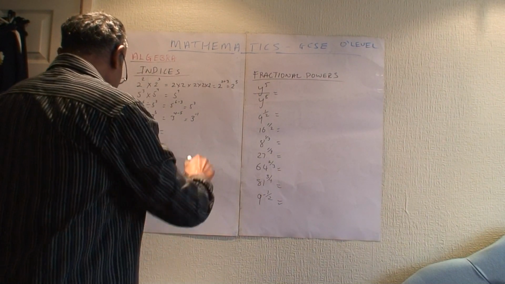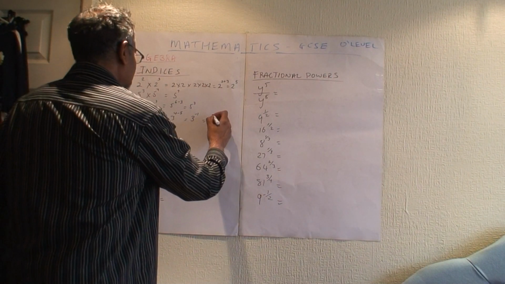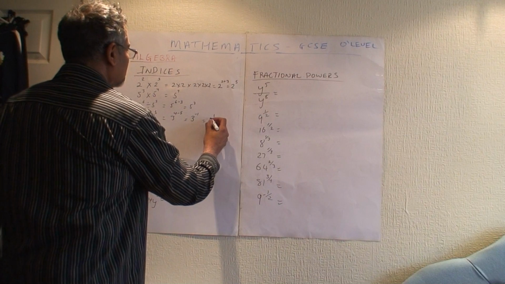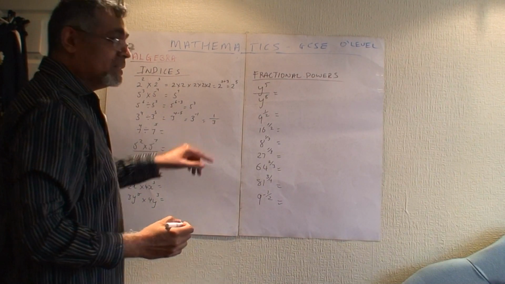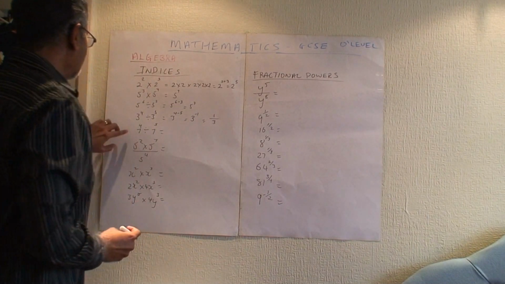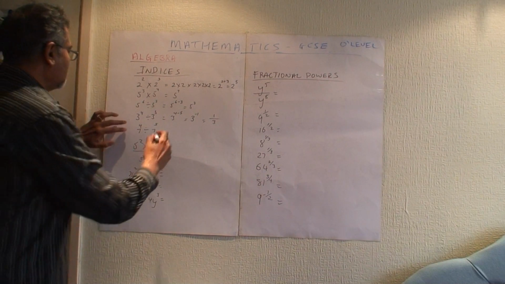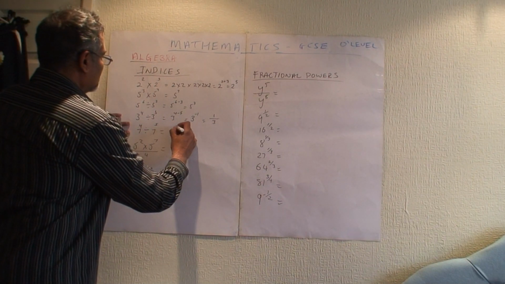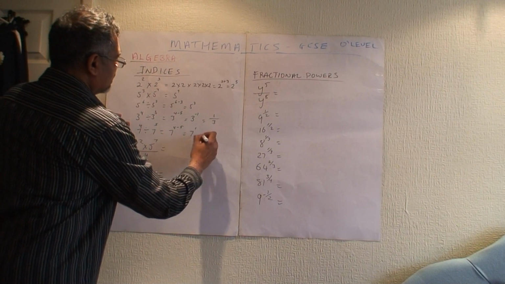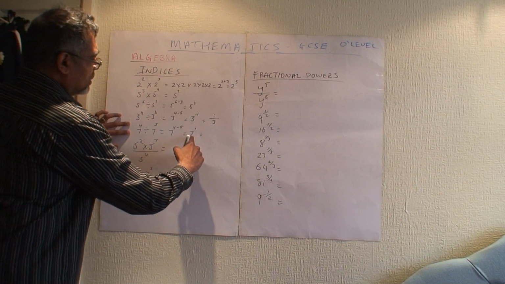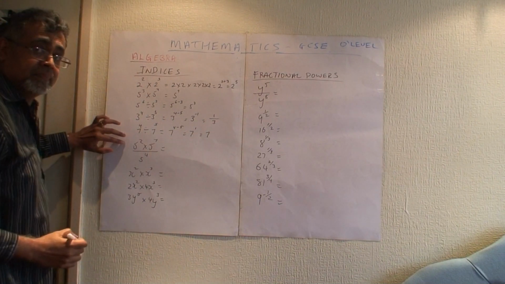Okay, so 3 with a negative power is the same as 1 divided by 3. So it's the same as a third. Alright, so here we have another one, division. Again, we subtract the powers. So 7 to the power of 4, subtract 5. 7 to the power of 1, anything to the power of 1 is the same number, which is 7.